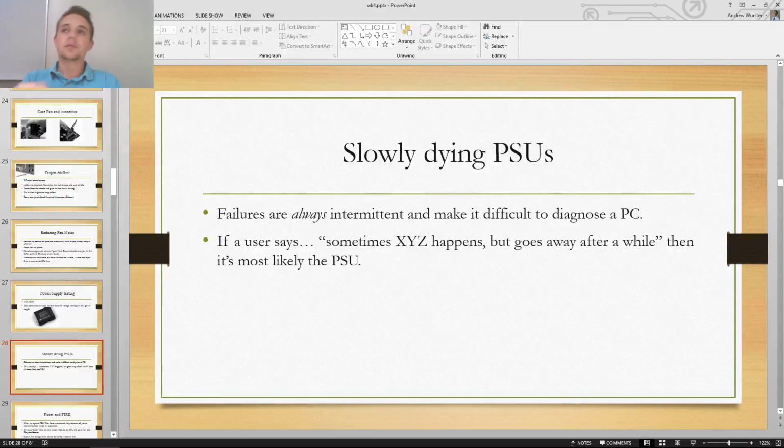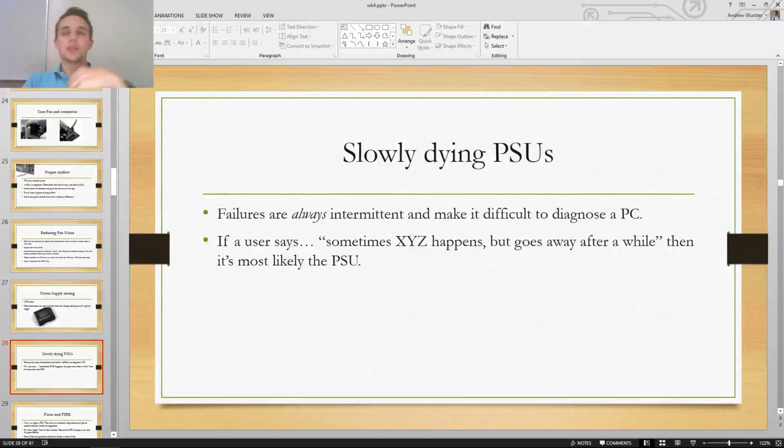So you'll hear things like, sometimes my screen goes blank and then it comes back on after I reboot. That might be a sign that the power supply dips down and loses power on those certain connectors. So it's just kind of weird, random things like that.